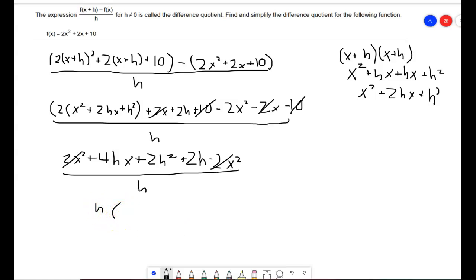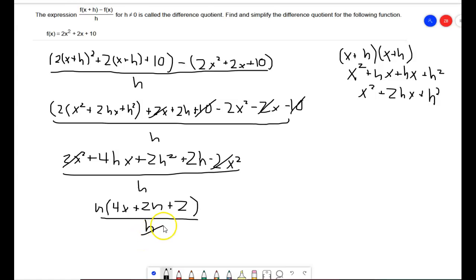If I pull an h out, then I can just write everything else without the h. That gives me 4x plus, I pulled one of those h's out, so that leaves me with one h left, plus 2, all over h.